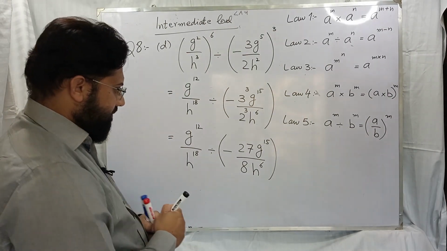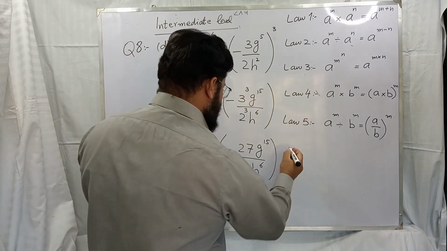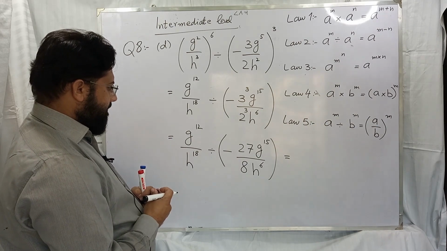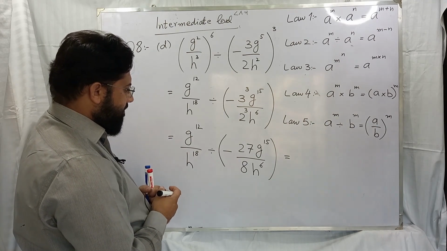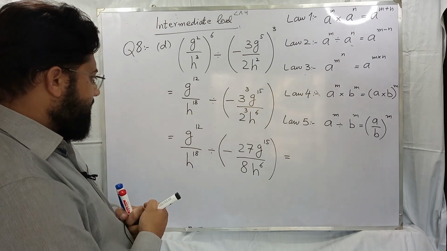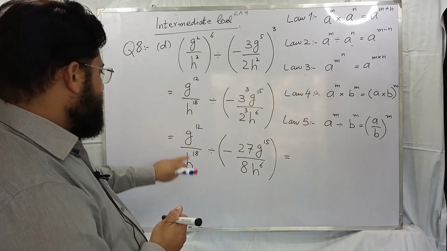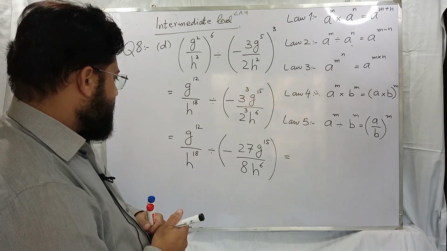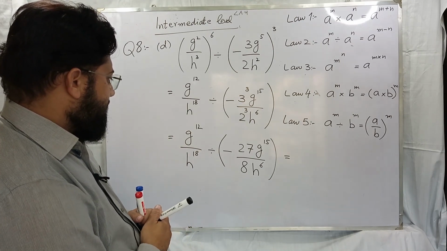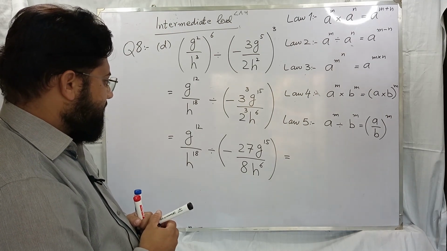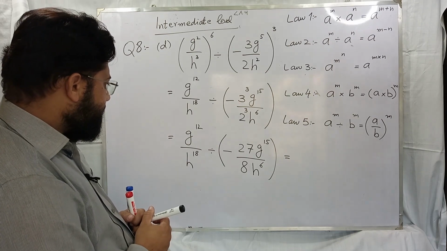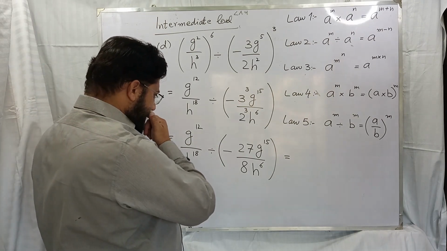Next, if I have a space here, I can solve it here. Now, minus 27 over 8, g 15 over 8, h to the power 6.